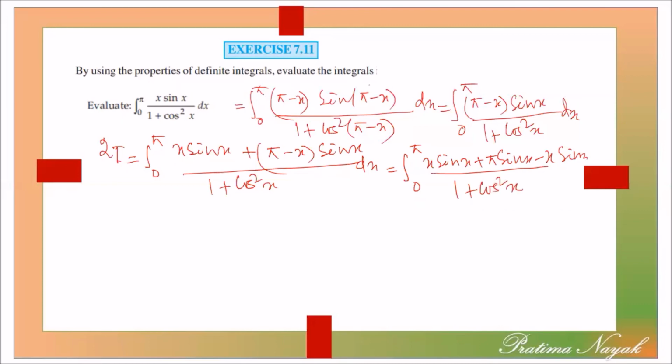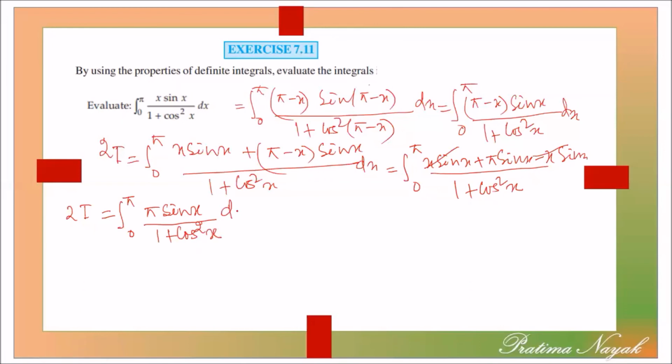So what will we take? The x sin x cancels. So I am getting twice I is equal to integral 0 to pi of pi sin x by 1 plus cos square x.